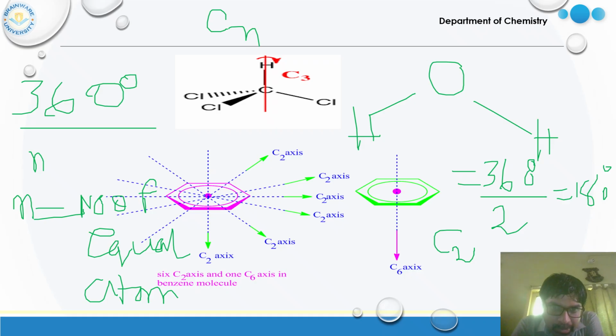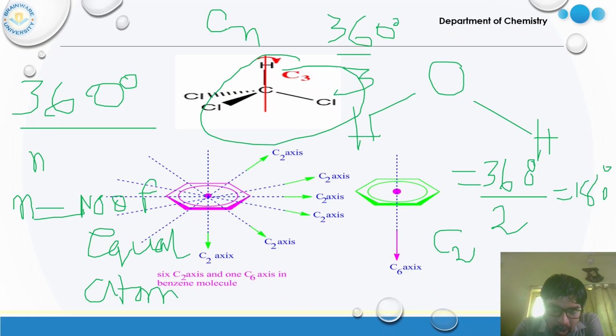Similarly, chloroform. How many equal atoms are there? 3 equal atoms. So rotation will be 360 degrees by 3, which means 120 degrees. So the molecule possesses C3. Now for benzene, how many equal atoms are there? 1, 2, 3, 4, 5, 6.